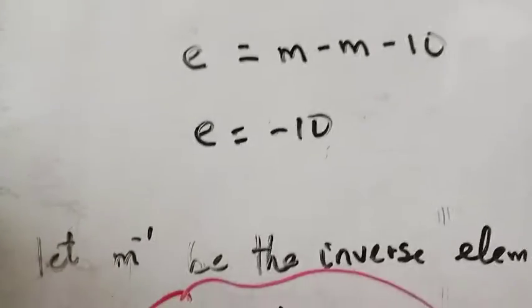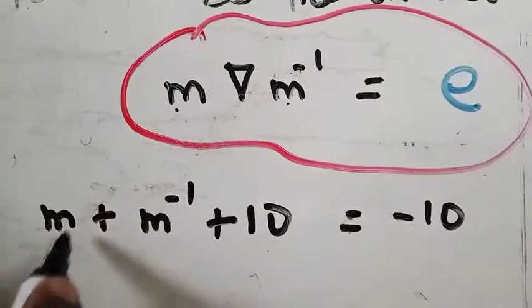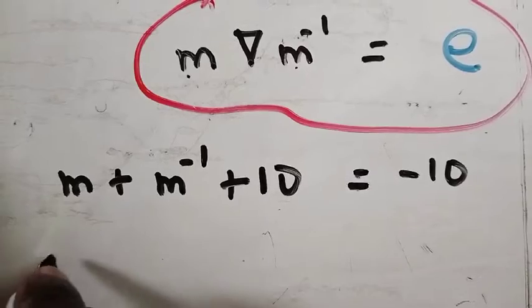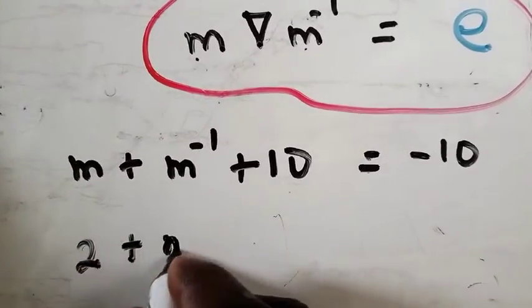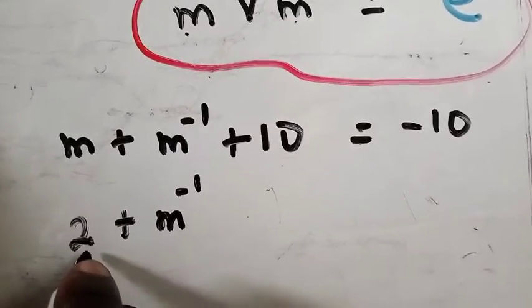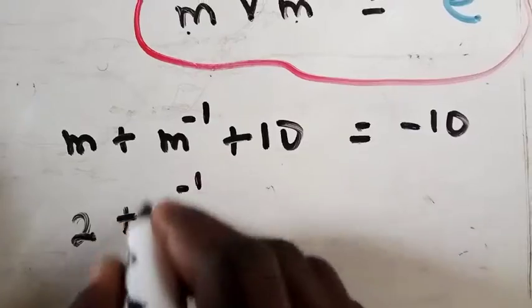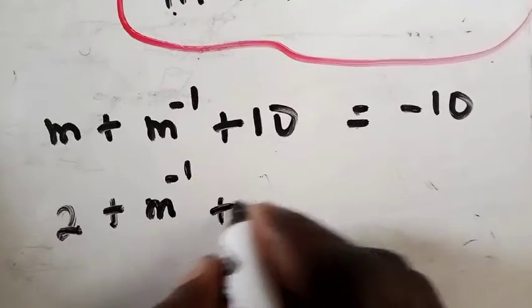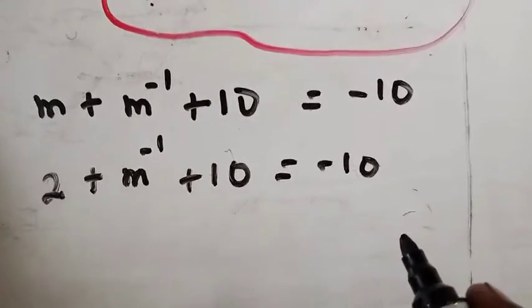So let's deal with the 2 first. We are finding the inverse of 2, which is the M here. So M is 2, plus M inverse, which we don't know, then plus 10. That should be equal to -10. What are we looking for?